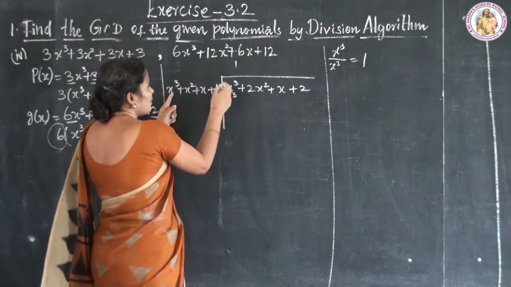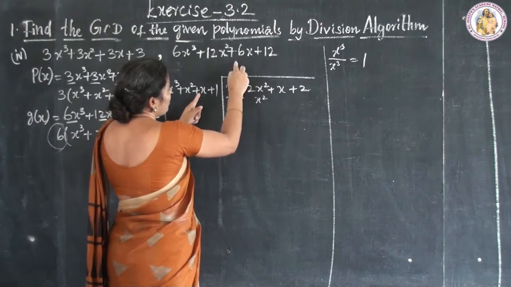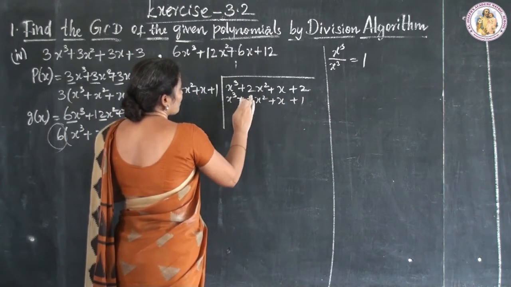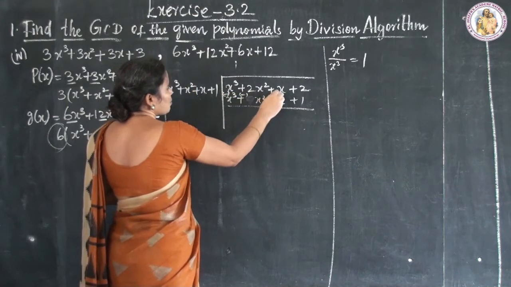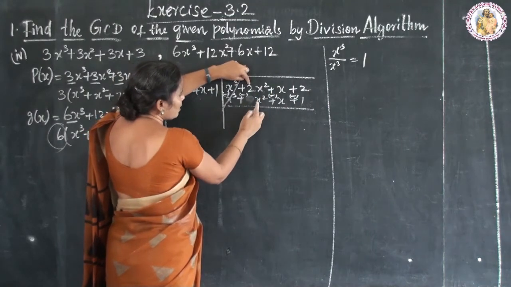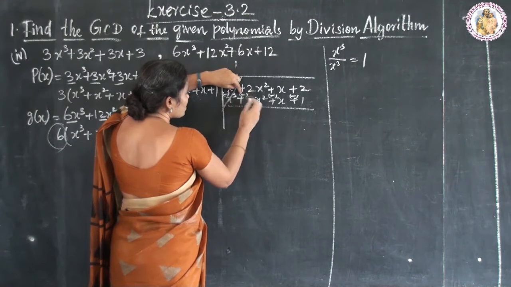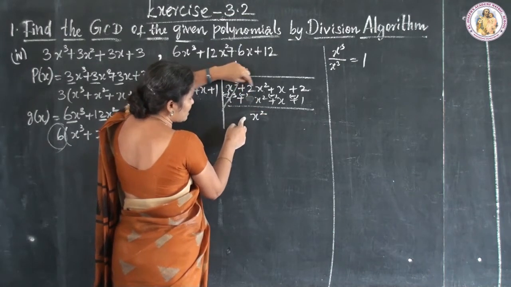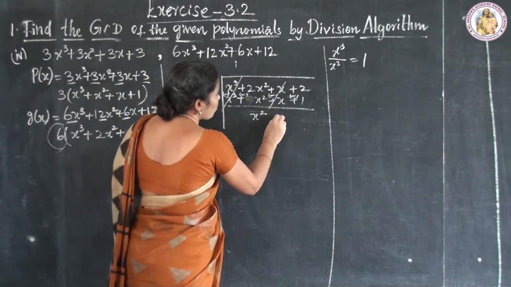So with 1, we multiply x cube plus x square plus x plus 1. Now change the sign, minus, minus, minus, cancel. 2x square minus x square is x square. 2 is greater, plus, and different sign cancel. 2 minus 1 is 1.